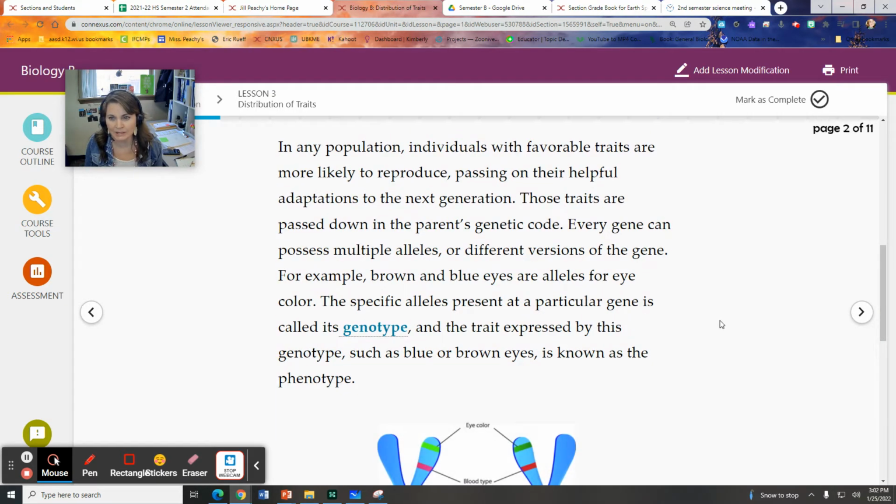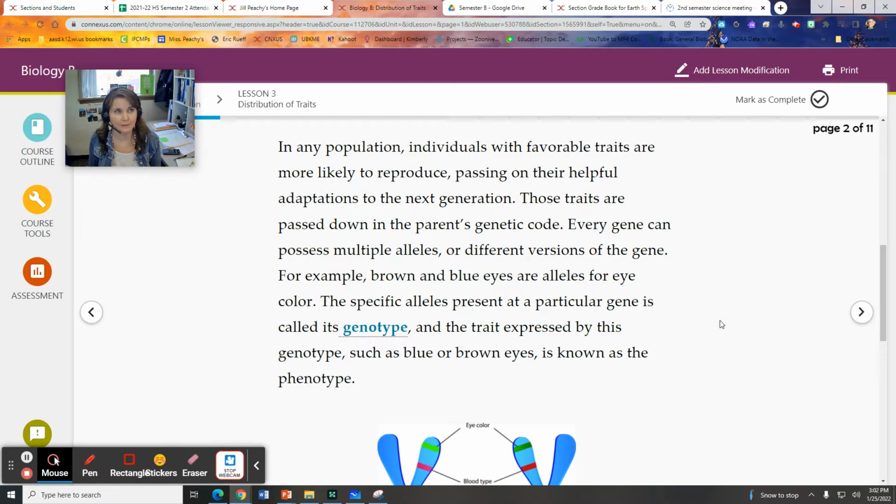These favorable traits are more likely to be passed on to the next generation, and therefore the frequency of those traits increases because they provide a favorable outcome, right? Those organisms that possess the trait are going to pass it on, and so we'll see in the next and subsequent generations that the trait tends to increase in frequency.